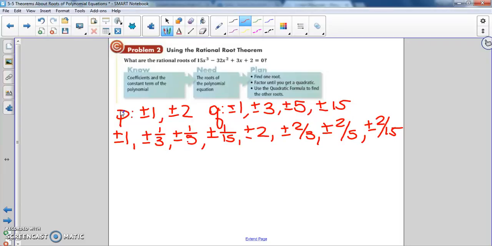And then test 2: 15 times 2 cubed minus 32 times 2 squared, plus 3 times 2 plus 2 is equal to 0. So since 2 works, 2 is a root.